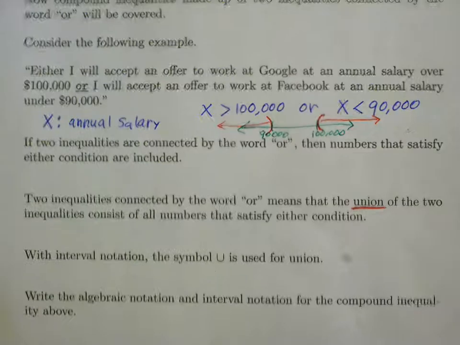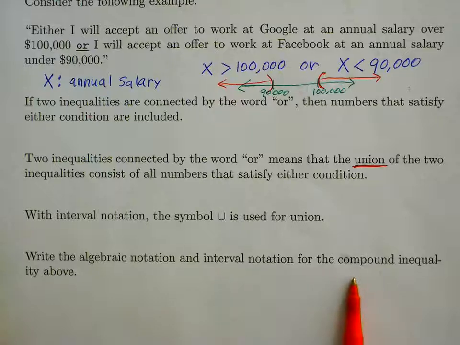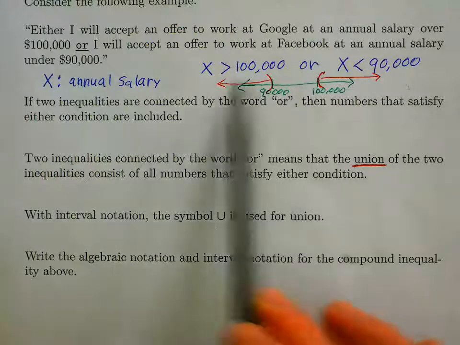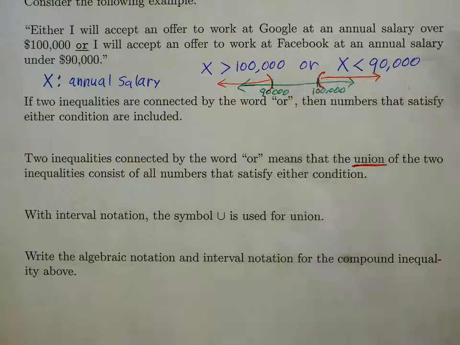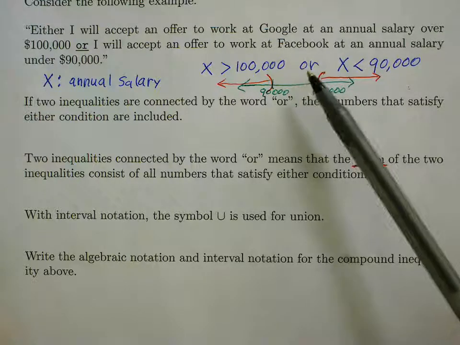Okay, so I'll write down the algebraic notation and the interval notation for this inequality that we already wrote. This first compound inequality, this is the algebraic notation. We actually use the word or.